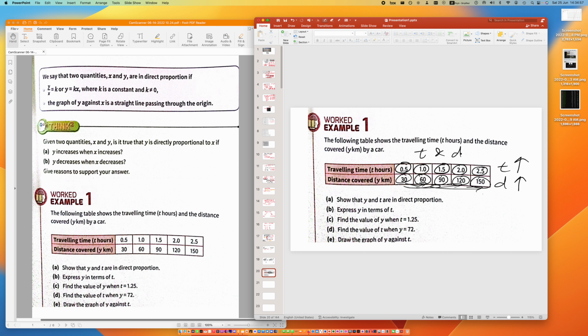In this case it's 2. So the t and the d, the time and the distance, have a direct proportional relationship. Are you clear?